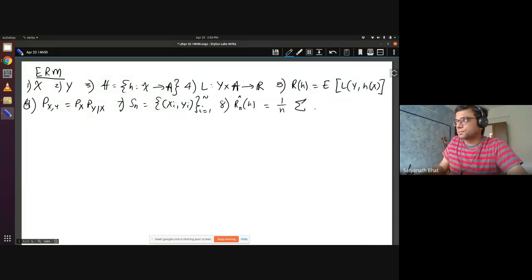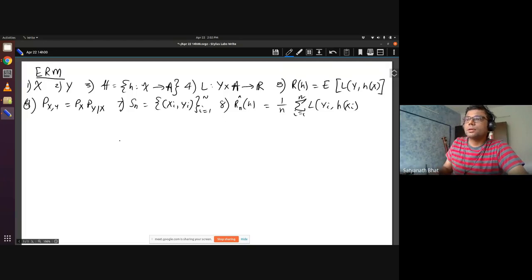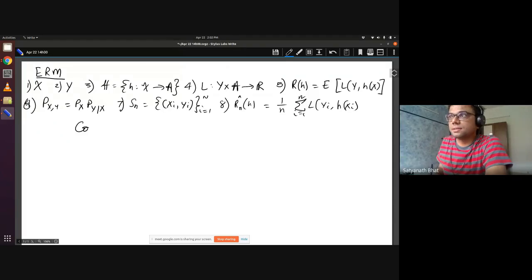Then, of course, the empirical risk, which is what we can actually measure from the data, which is 1 over n summation. This is the data error, and what we would like to have is what is called consistency.